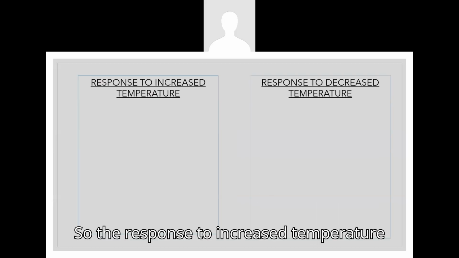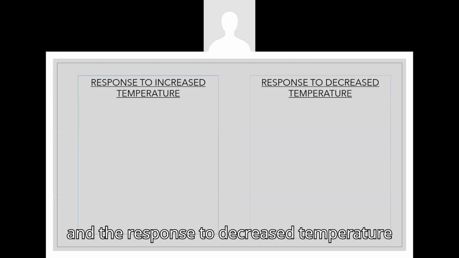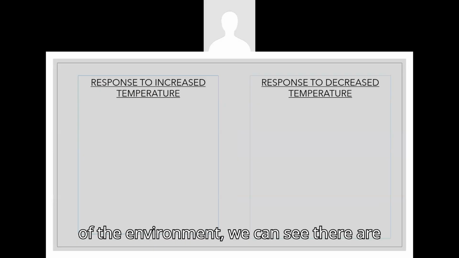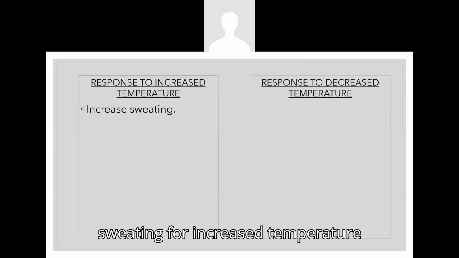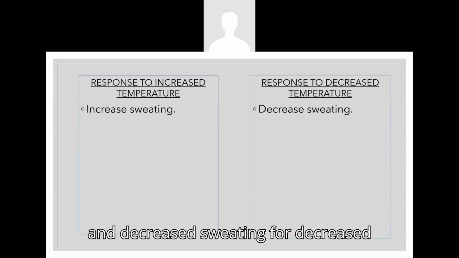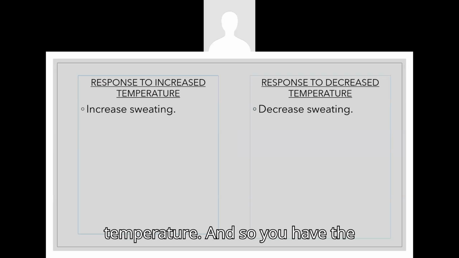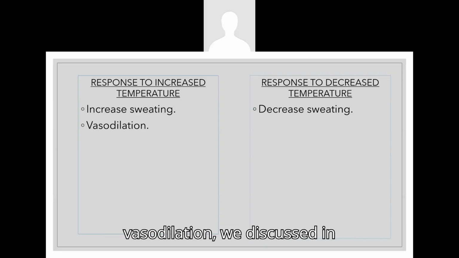For the response to increased temperature and the response to decreased temperature of the environment, we can see there are a few of them. The normal one is increased sweating for increased temperature and decreased sweating for decreased temperature. And then you have vasodilation.